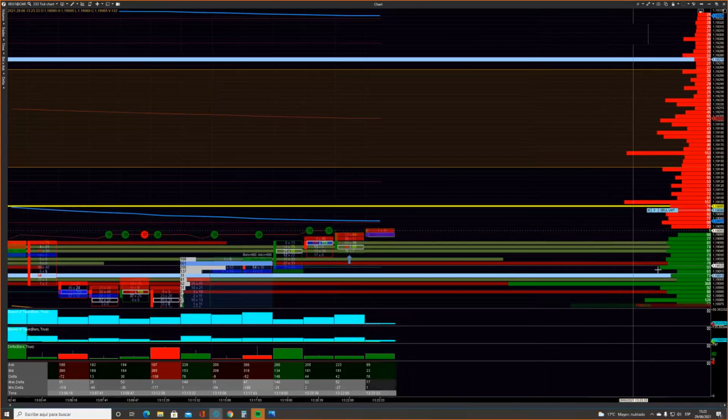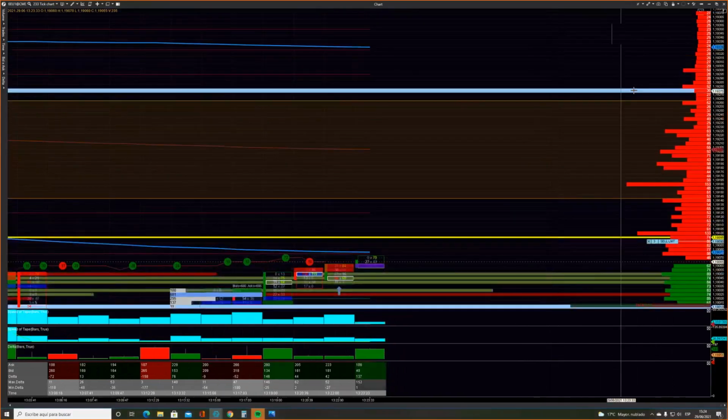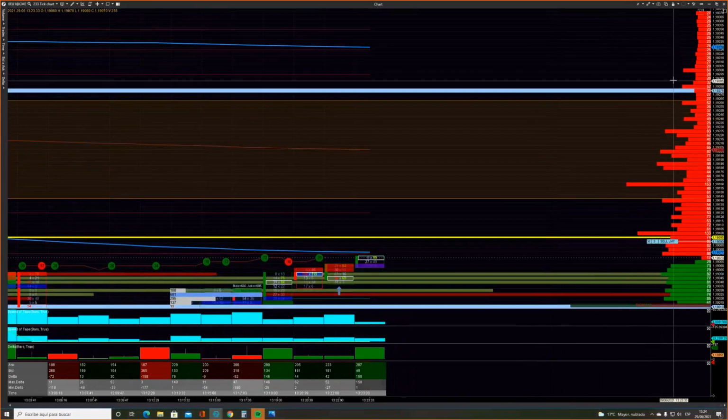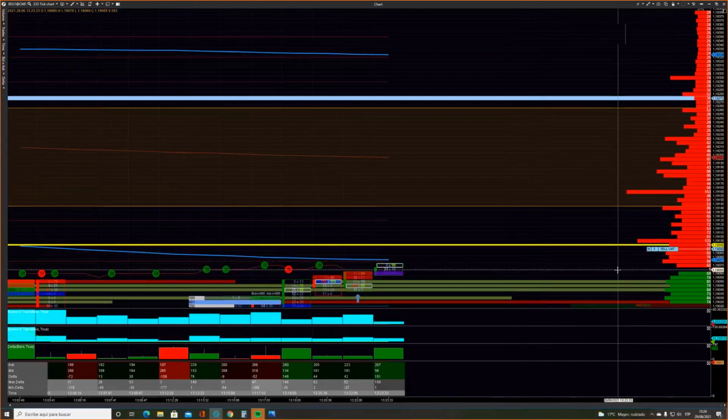Our profit target is going to be right about this line, and our stop loss is going to be just 1 or 2 ticks above this one too. So we're getting close. We're 1, 2, 3, up to 4 ticks away from entry, and we just have to wait and see what happens.